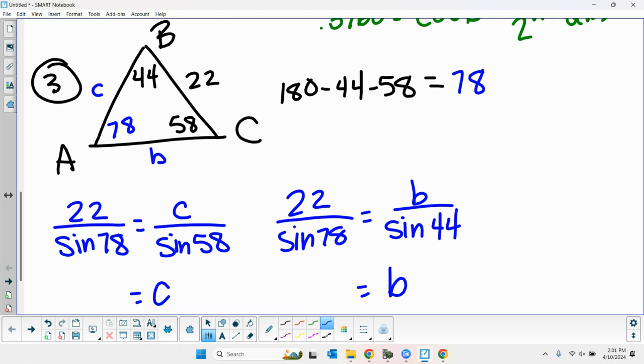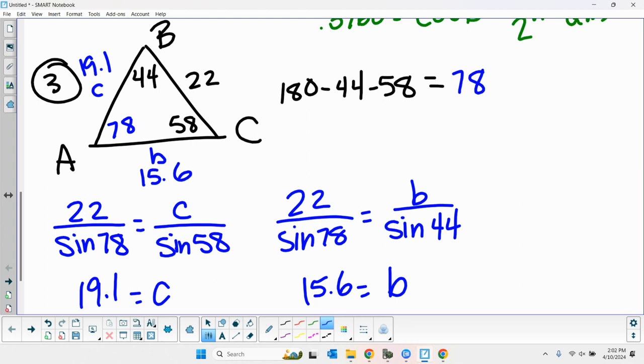So you just cross multiply and divide, and C came out to be 19.1, and B came out to be 15.6. Any questions on number 3? 4 is just like it. I give you 2 of the angles. So find the third angle and then set up your 2 proportions.